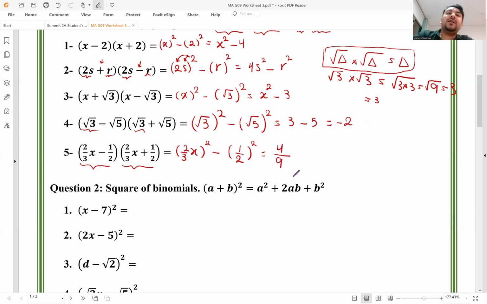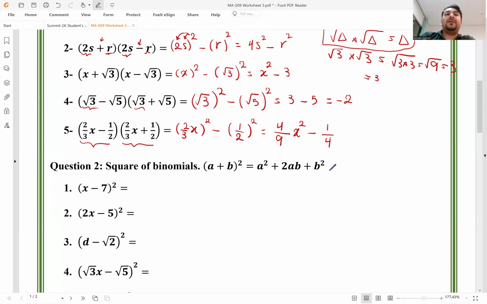Both numerator and denominator share this power of 2. Also, we have the variable x, which will be x squared. And minus 1 over 2 powered by 2. So the numerator powered by 2 is 1, and the denominator, 2 powered by 2, is 4. So that's the answer for question 1.